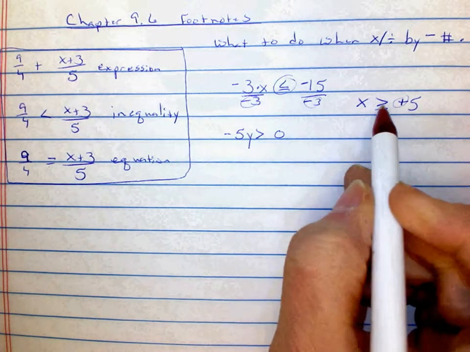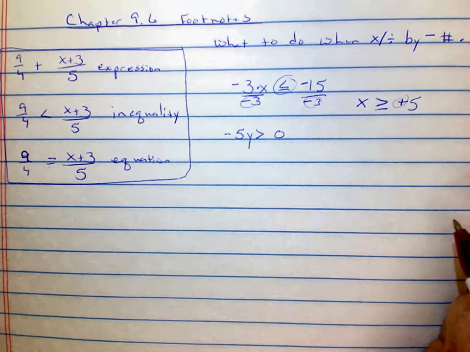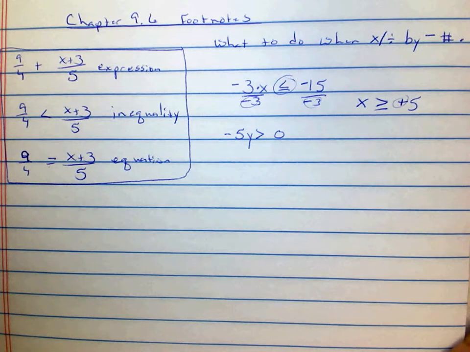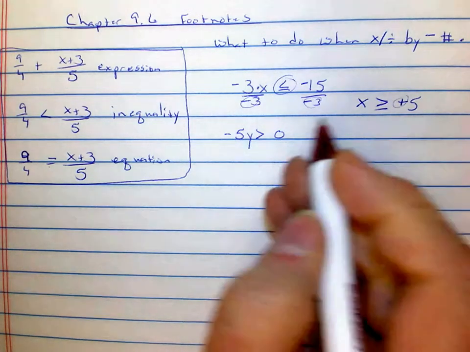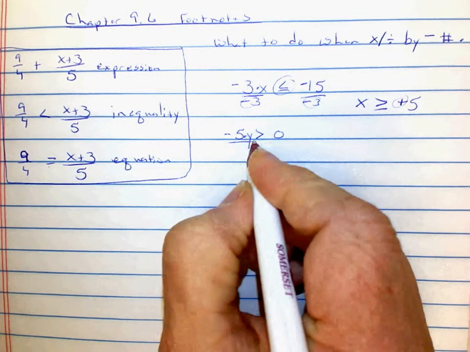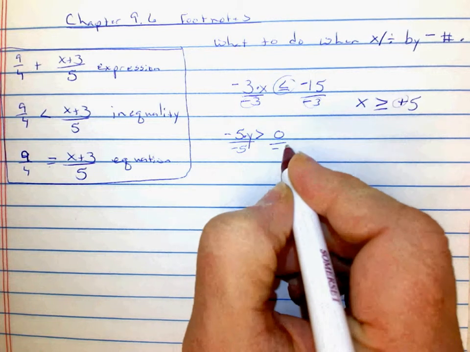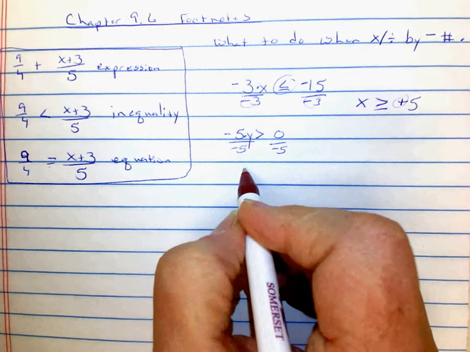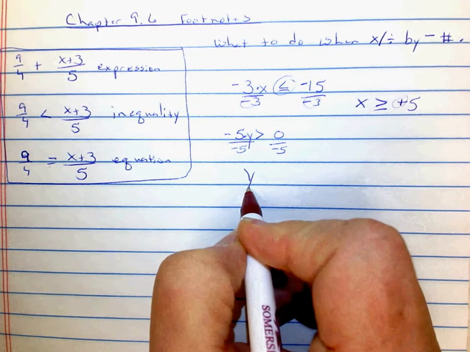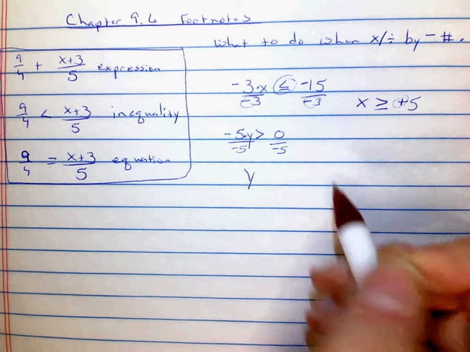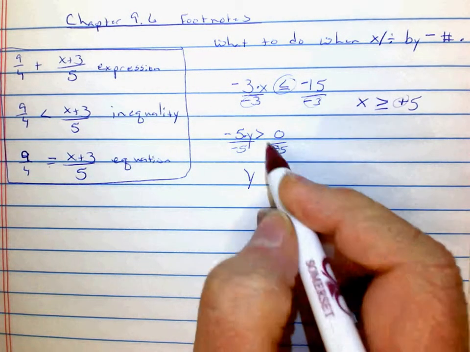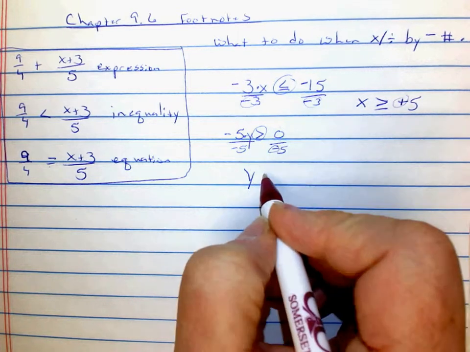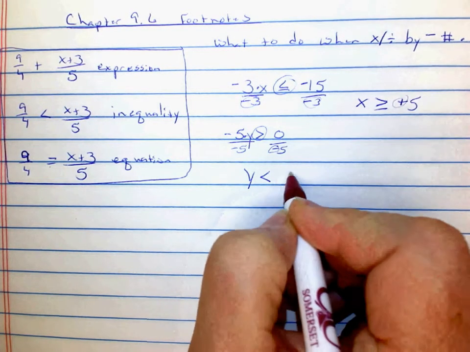I still had to flip this inequality because I divided by the negative. So what happens here? Dividing by a negative 5, well, we do not get a negative 0 because 0 is not positive or negative. But because I divided by a negative, I flip my sign the other direction.